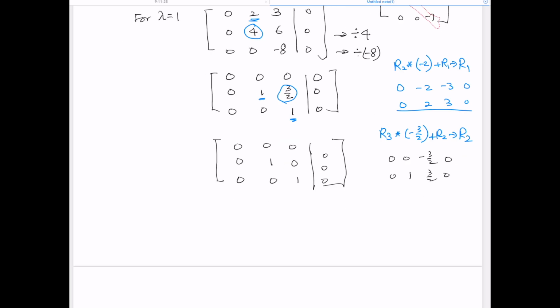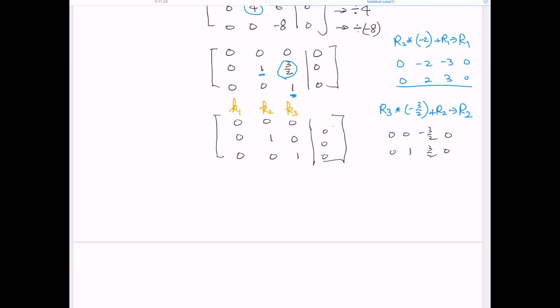So that's it. After we finish the Gauss-Jordan elimination method, we write the first column as K1, the second column as K2, the third column as K3. For the first row, everything is multiplied by 0, so everything is 0. Now, second row: K1 times 0 is 0, K2 times 1 is K2, equals 0.